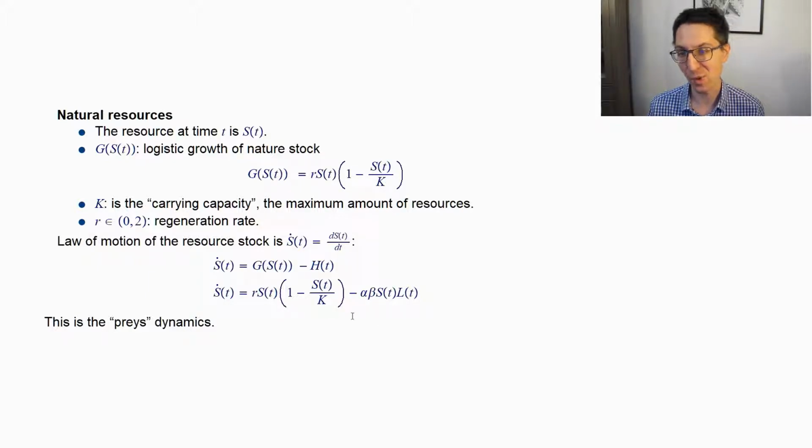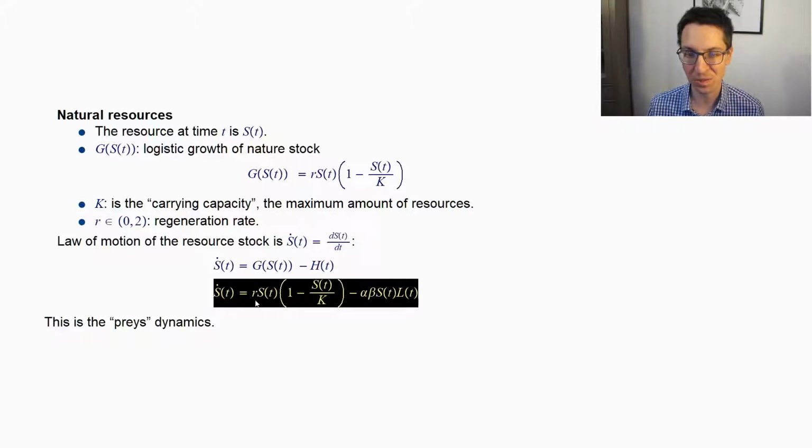That's because the more nature we have, the faster it can have offspring, so the easier it is to grow. But also, the larger S of t is, the more exploitation we have, because it's easier to harvest if there is more nature.